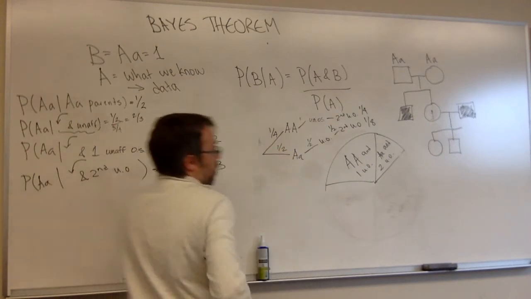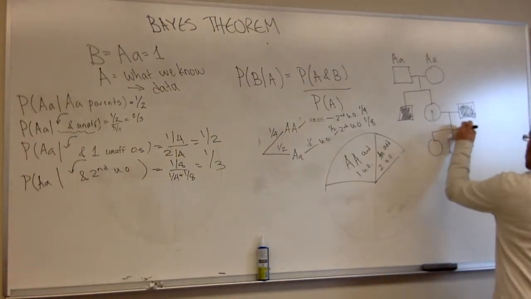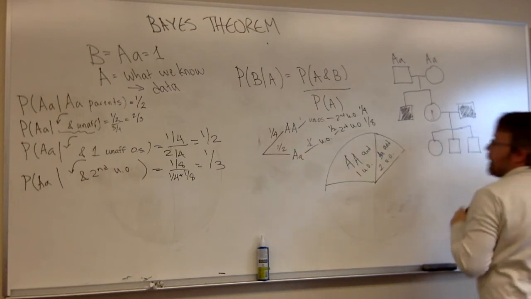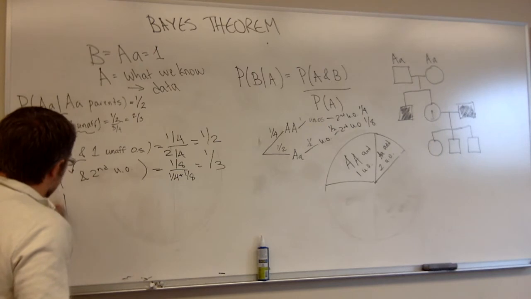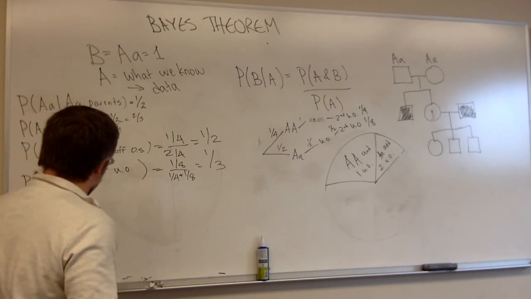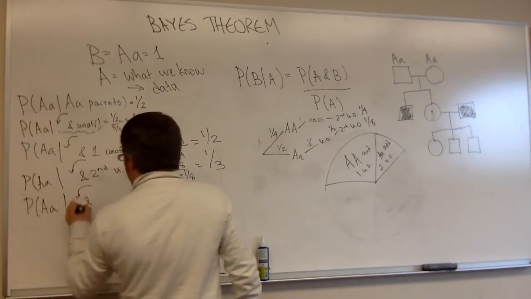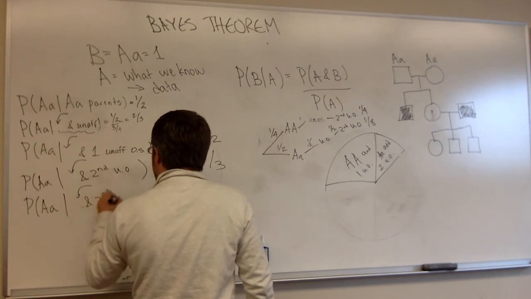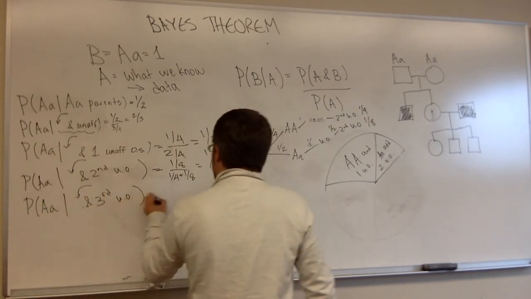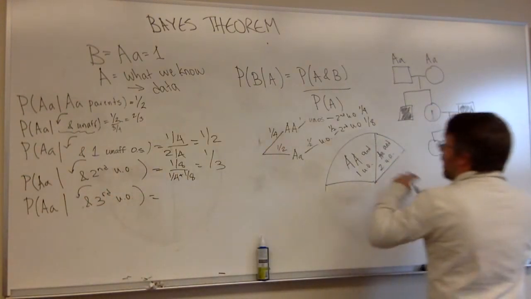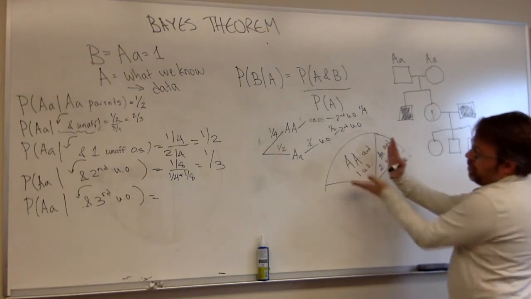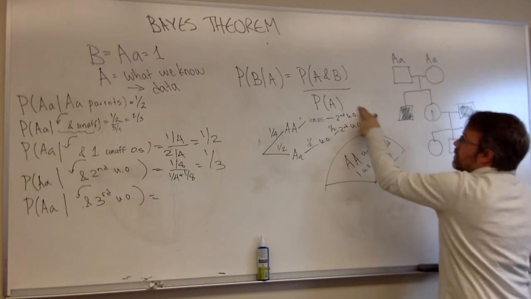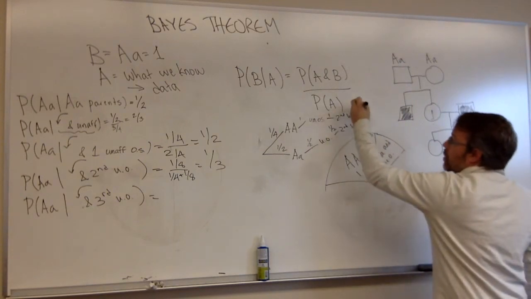This would be if we have a third offspring that's unaffected: the probability of big A, little a, given all this and a third unaffected offspring. Again, the big A piece stays the same because it keeps a probability of 1.